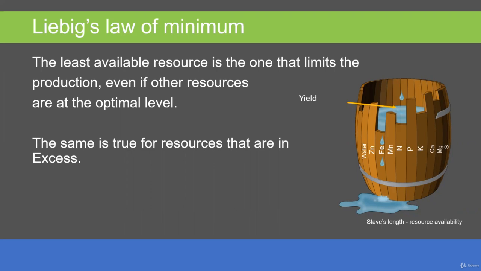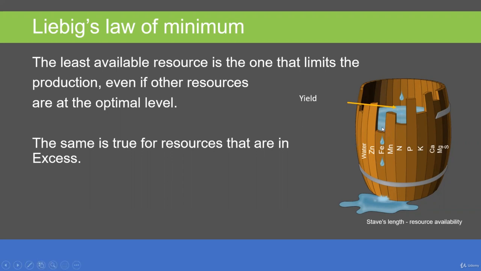So if we assume, for example, that the water in this barrel represents the yield, we can see that in this specific example, iron limits the yield. We have other nutrients that some of them are in their optimal supply, optimal availability, but iron is in deficiency.